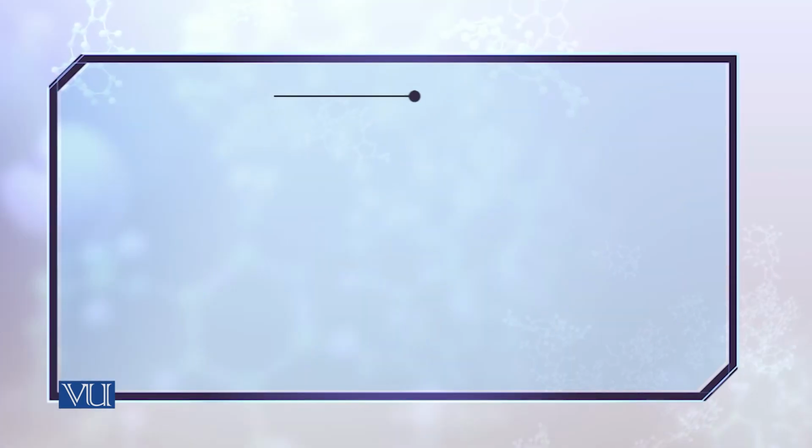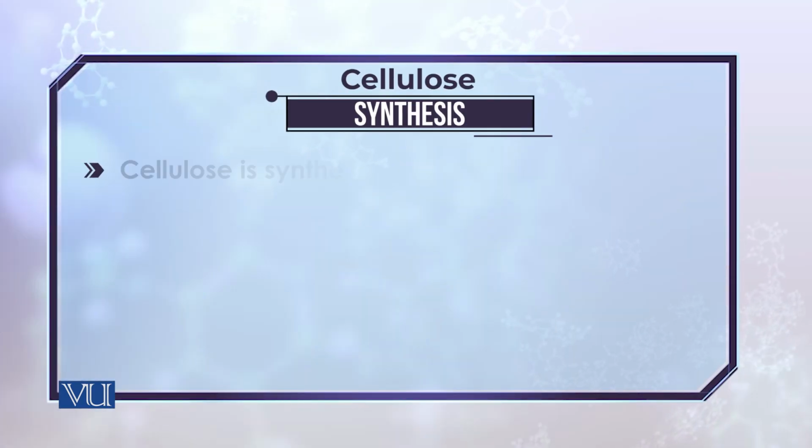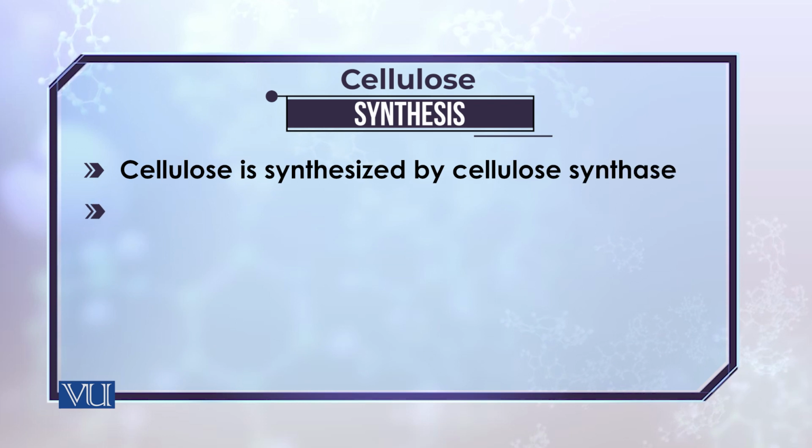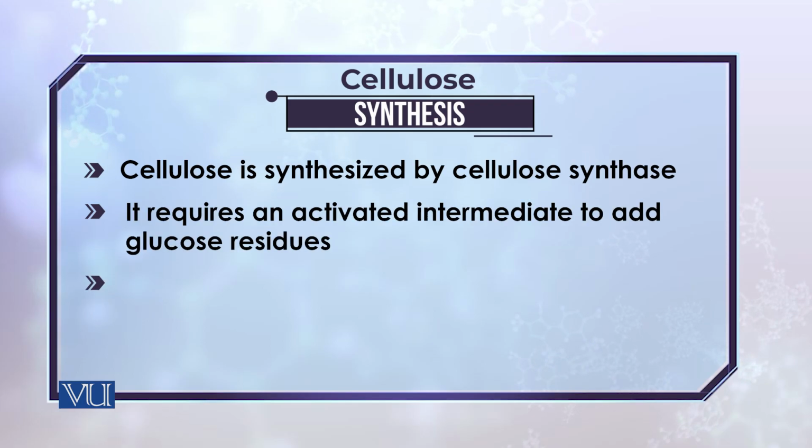As far as the synthesis of cellulose is concerned, it is made by the continuous addition of glucose monomers, and the glucose is first bound with GDP or UDP.